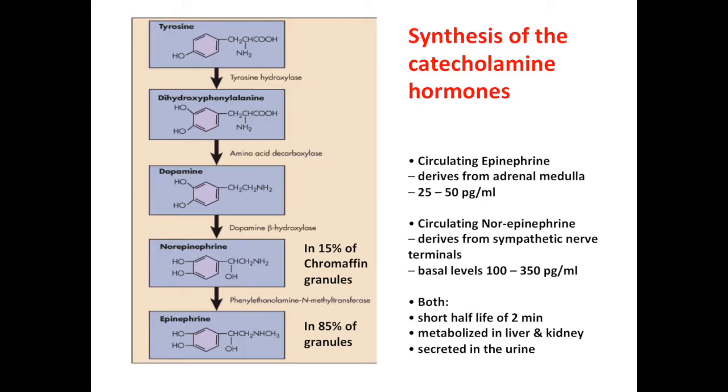This slide shows the creation of catecholamines. They're derived from tyrosine, and every step here requires an enzyme. So we go from tyrosine to dihydroxyphenylalanine to dopamine, and then dopamine to norepinephrine, and then finally from norepinephrine to epinephrine via this enzyme phenylethanolamine N-methyltransferase, which is stimulated by cortisol.